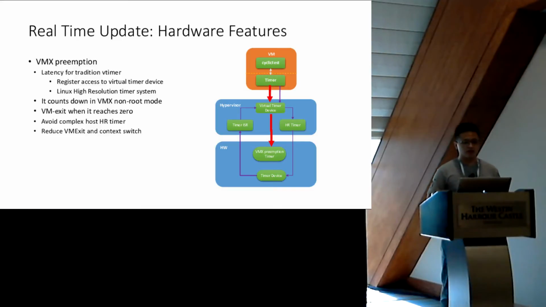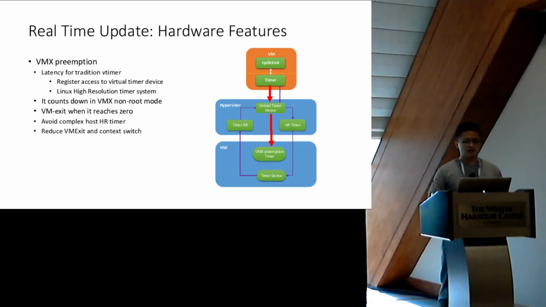The VMX preemption timer is very different from the traditional timer. There is a counter in the VMCS. The timer counts down while the CPU is running in VMX non-root mode. When the counter reaches 0, the CPU will be switched back to VMX root mode.